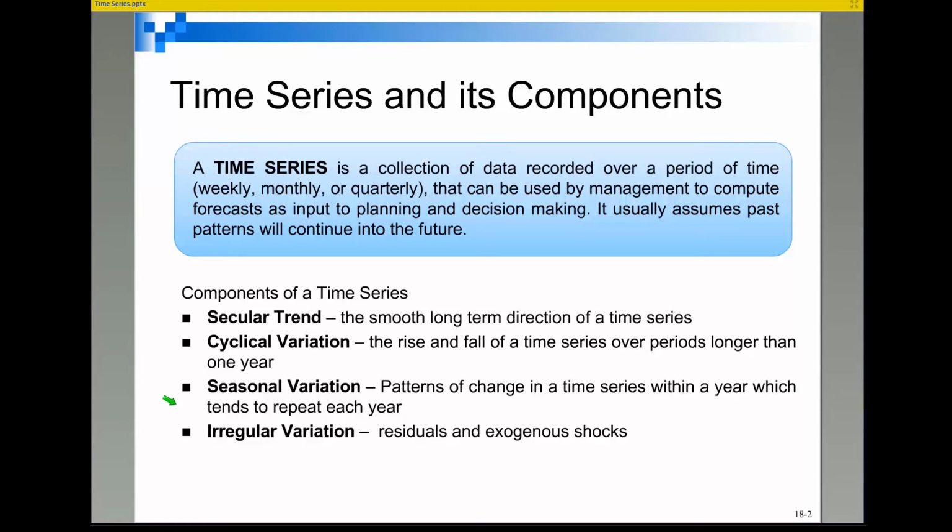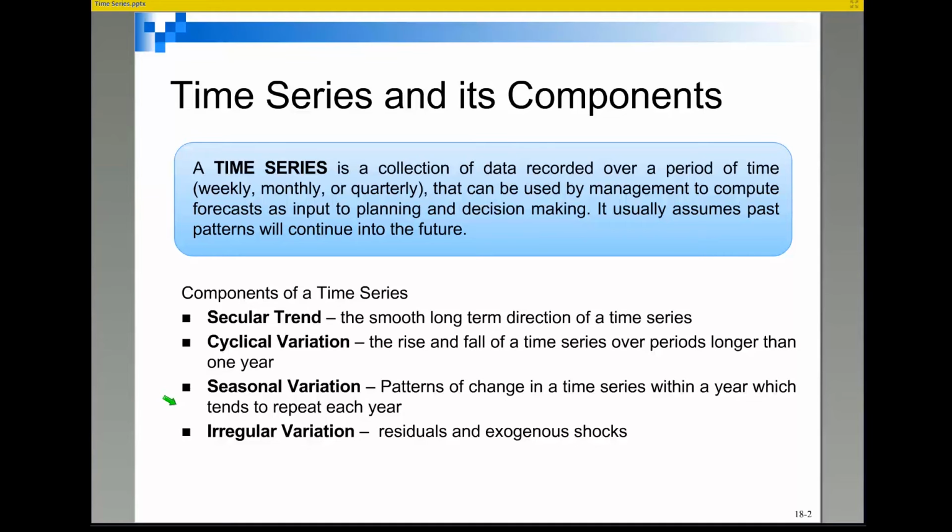For example, if it's related to schools, then you observe seasonal variation throughout the year that is in accordance with school's demand, right? Usually before the semester begins, sales of school supplies increase because people rush to buy school supplies, and the sales will be lower in other seasons when school is in session already.